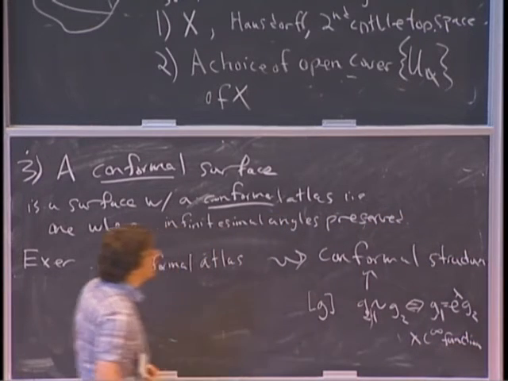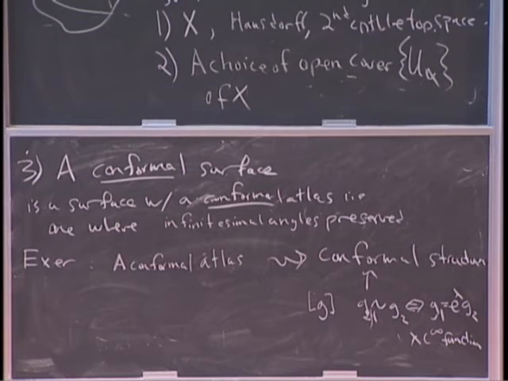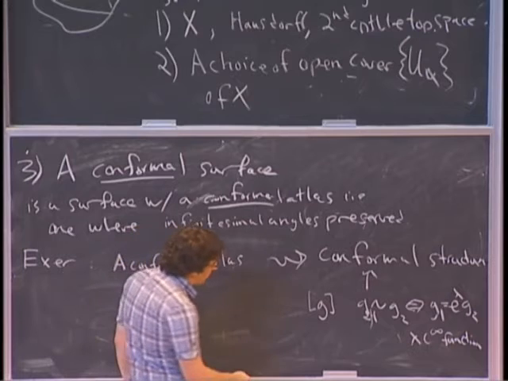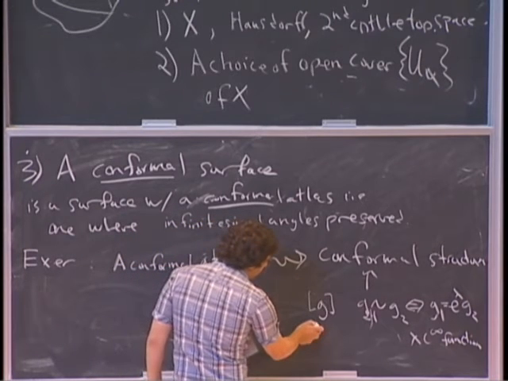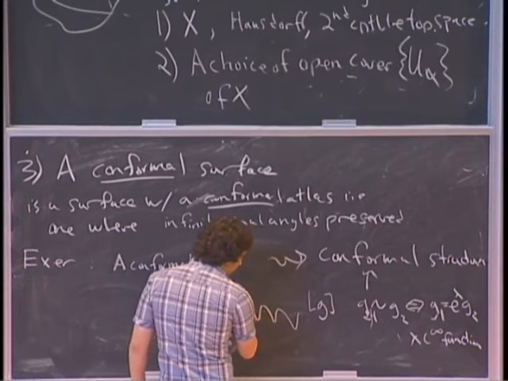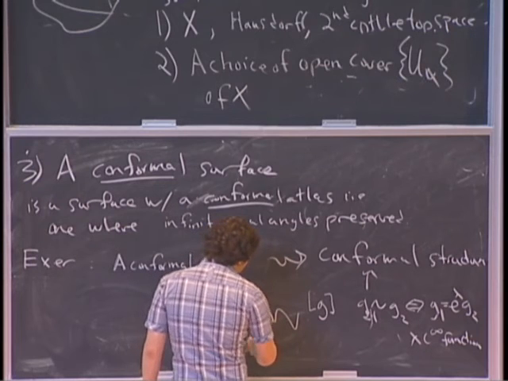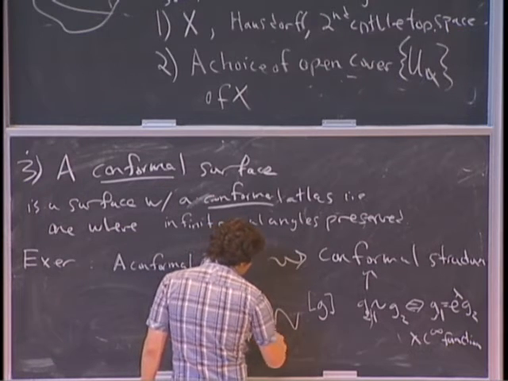Just as you could use the charts to pull back the metric in the flat case, you can use the charts to pull back a conformal structure in the conformal case. And this is really the importance of being in dimension 2. In fact, you can go the other way, but this is really only in dimension 2.